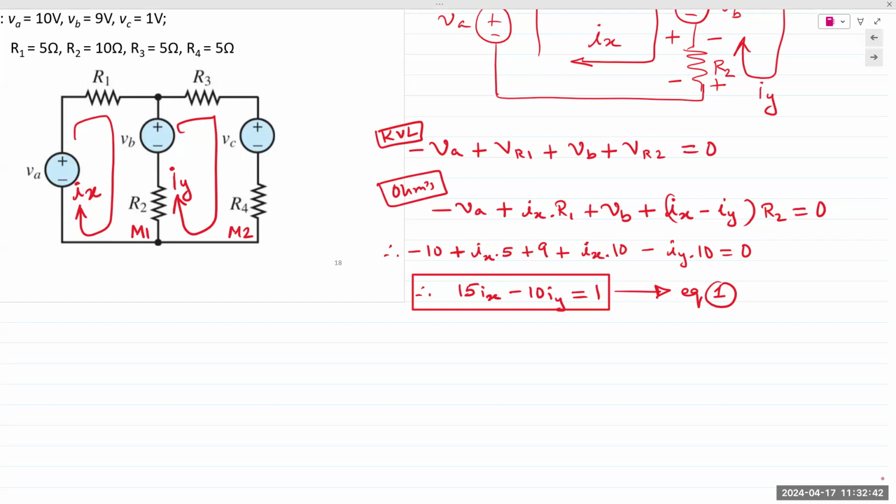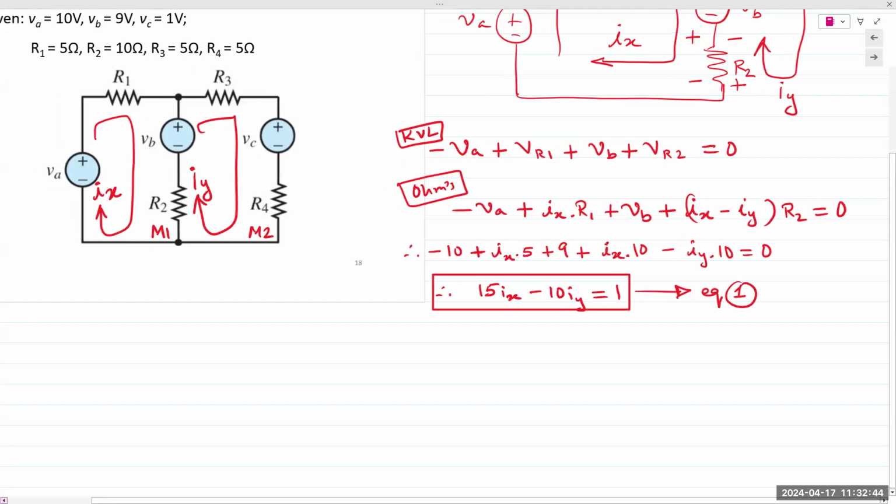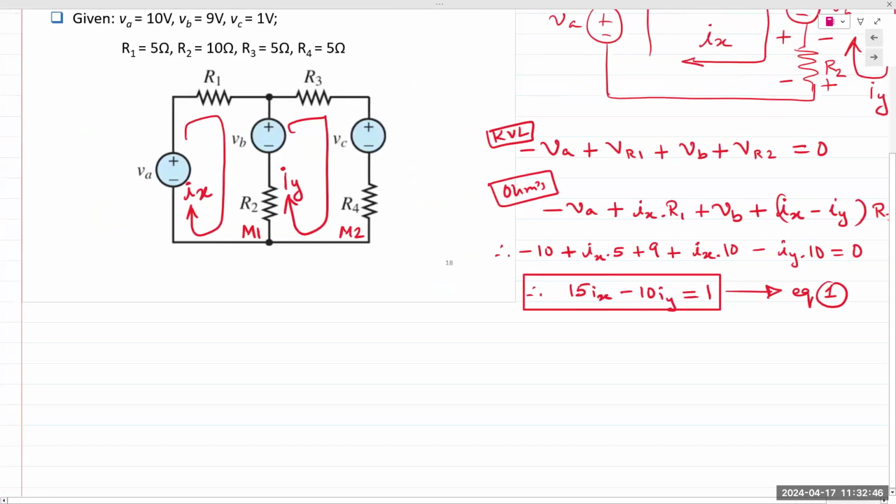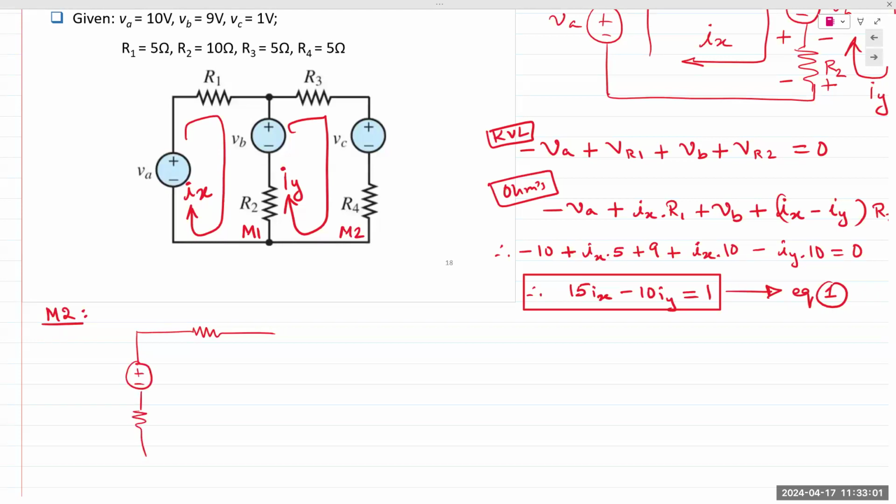Okay, let's get to mesh 2. Mesh 2, we have 2 voltage sources and 3 resistors: VB, VC, R2, R3, R4.